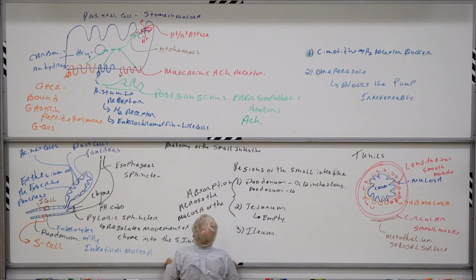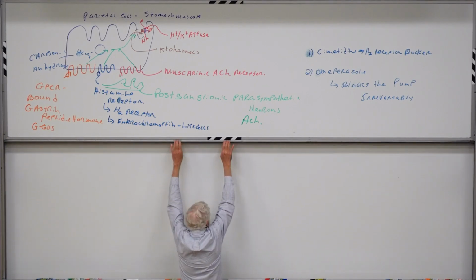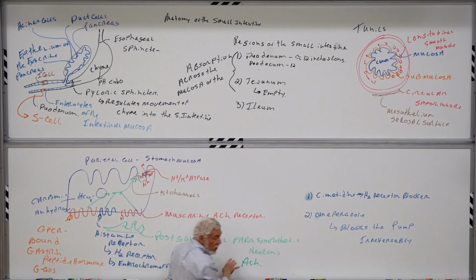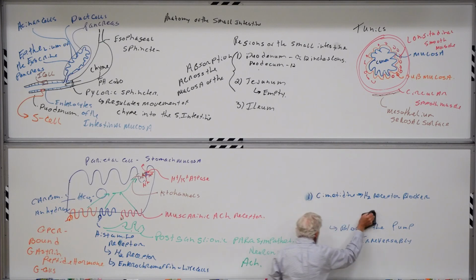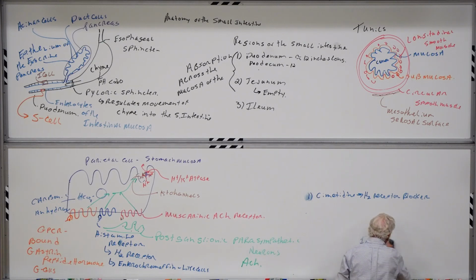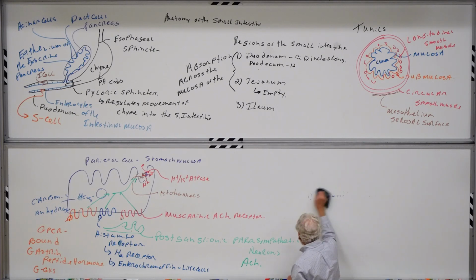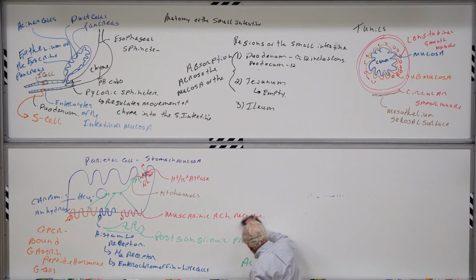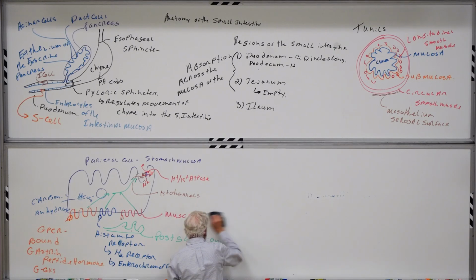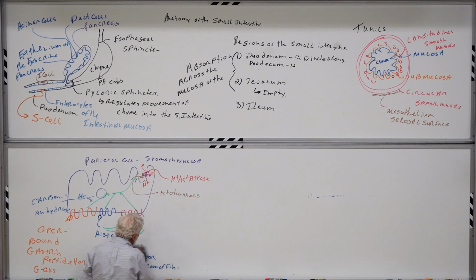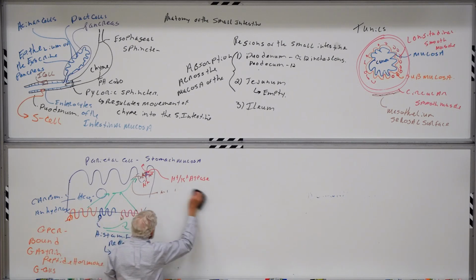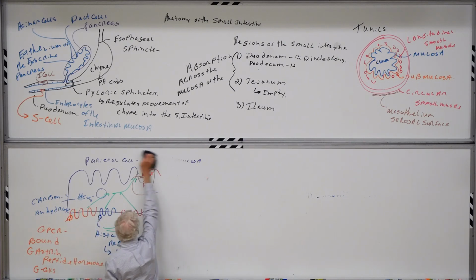So let's go back up to the upper panel. And what we're going to see here is that the S cells are a kind of pH monitor. The S cells are using their apical surfaces to monitor for the hydrogen ion concentration, the pH, in the lumen of the small intestine.